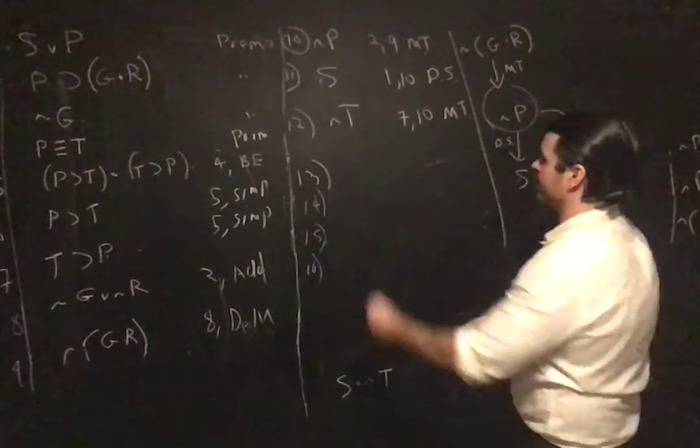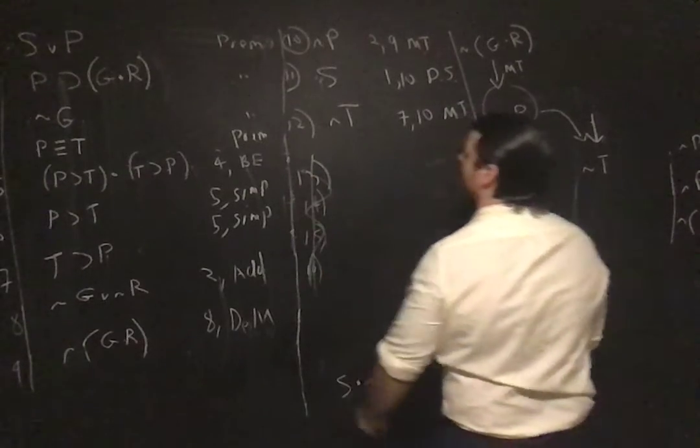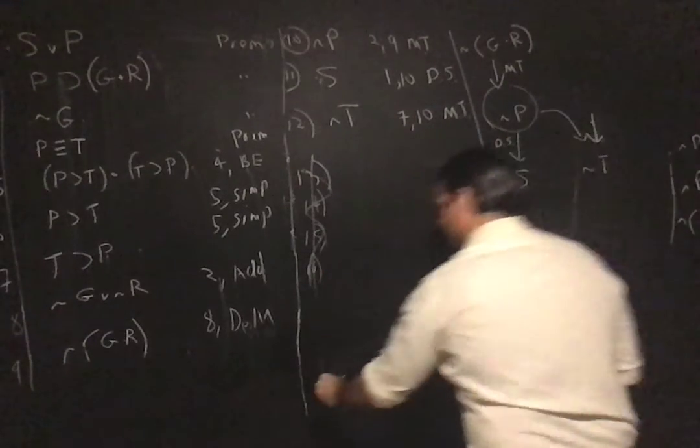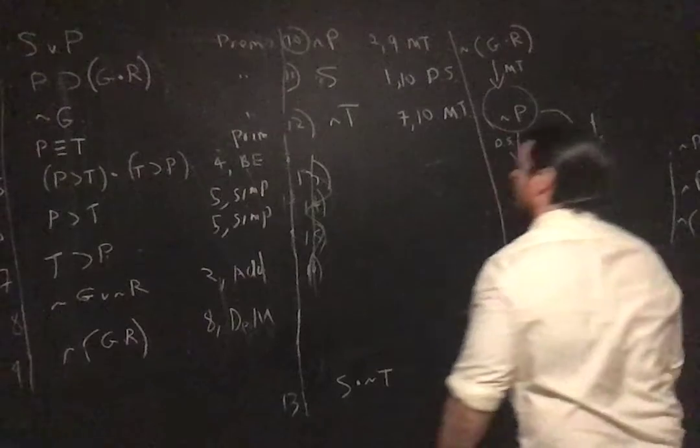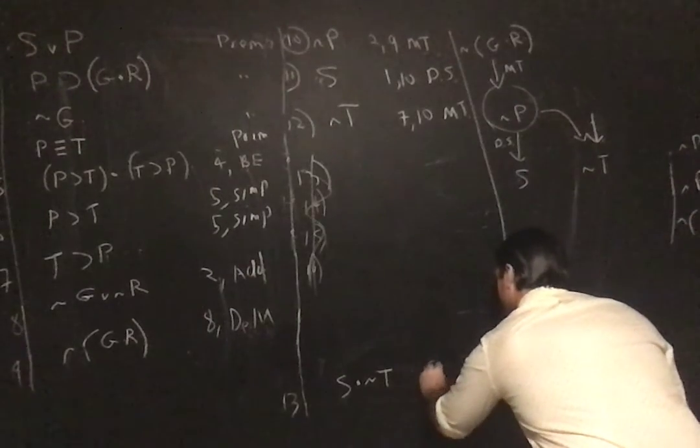So 13, put them together. That's 12. The conclusion is 13, S and not T. It's conj of 11 and 12.